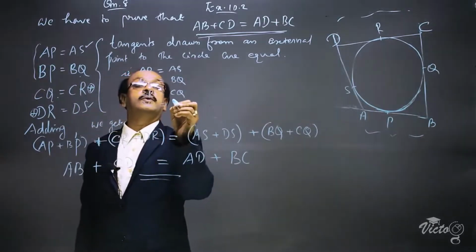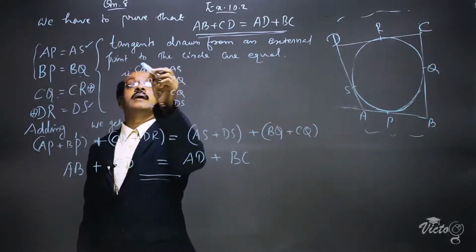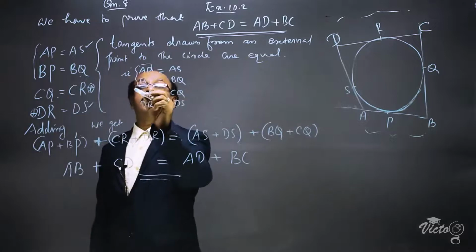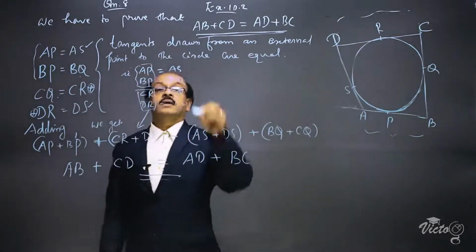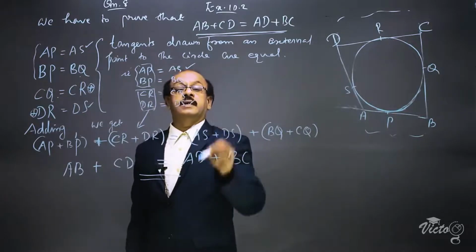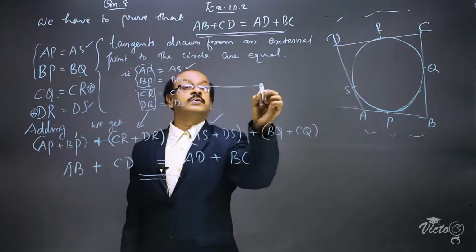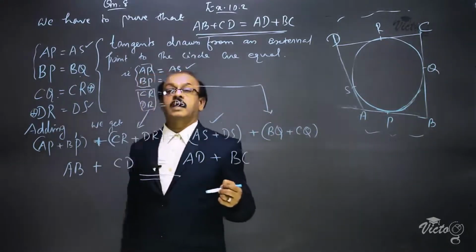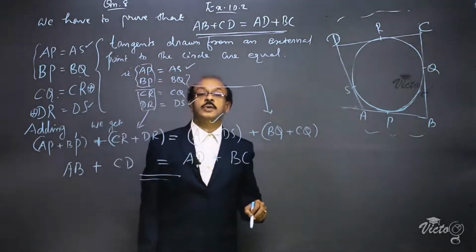Now adding AP, BP and CR plus DR, this is equal to AS plus DS and BQ plus CQ. Now, rearranging the lengths of the tangents, we are getting AB plus CD is equal to AD plus BC.